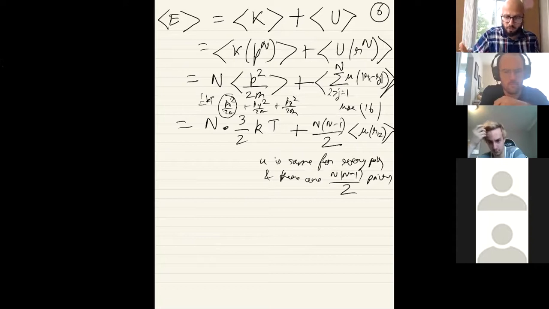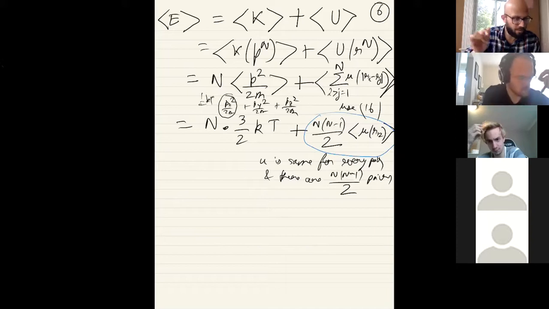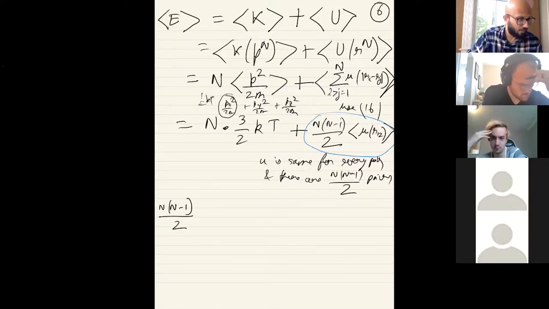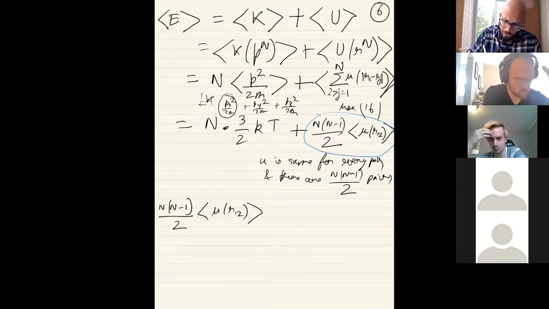So in order to calculate the total energy, we really have to deal with this term over here. Let's look at it carefully. Let's write down the meaning of this average in terms of all the machinery we have now.